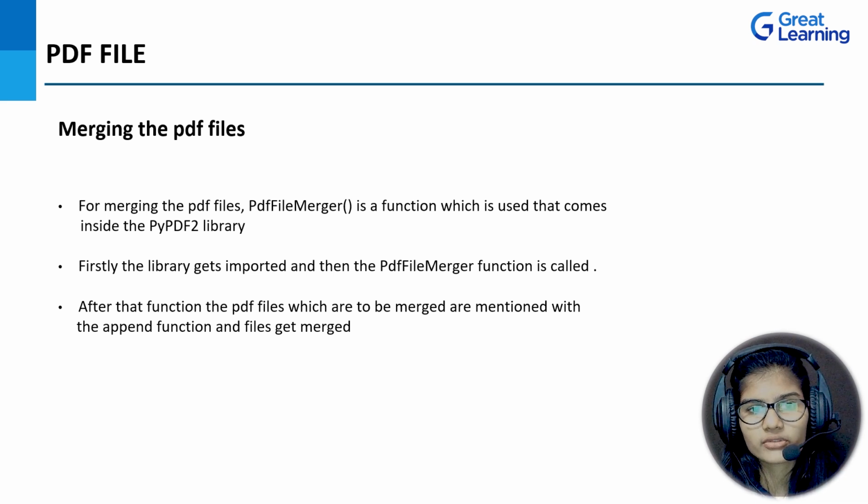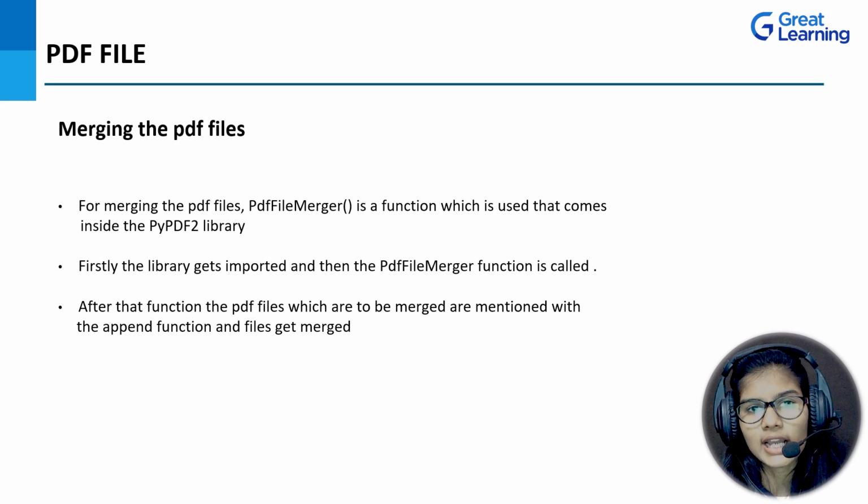Importing the PyPDF2 library, then the PdfFileMerger function, then the names of the PDFs you want to merge with the append function, and finally your file gets merged. I hope I'm clear on how this works and how you merge PDF files and extract information from them.